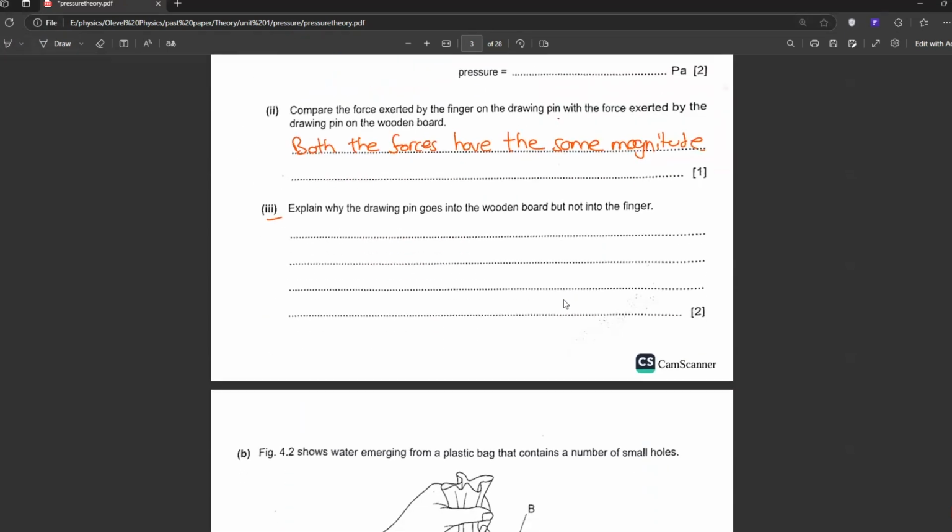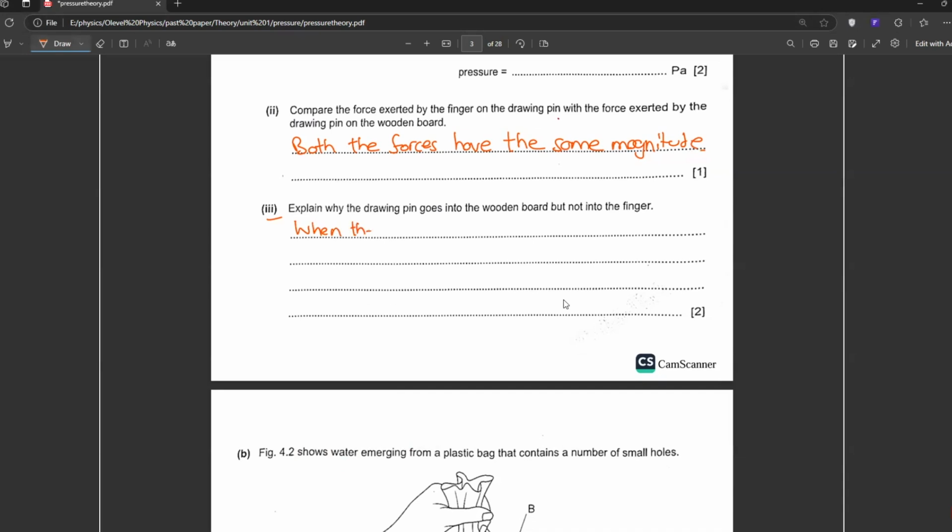So how will you write it? When the drawing pin is in contact with the wooden board, the area is small, resulting in a greater pressure.